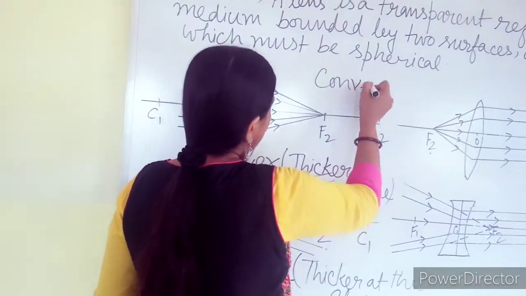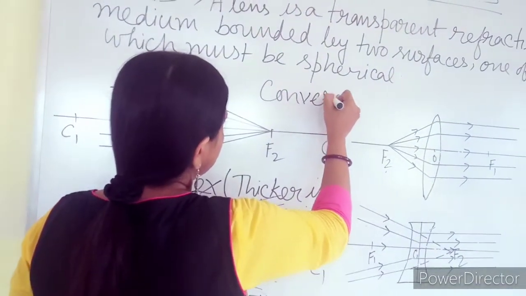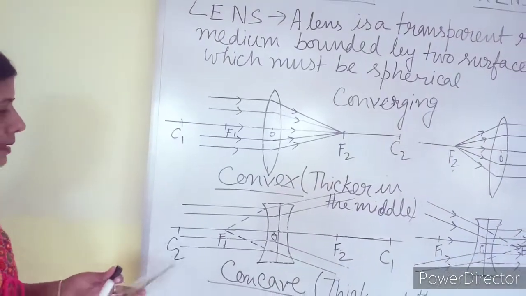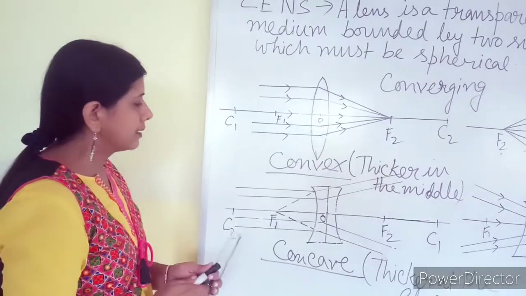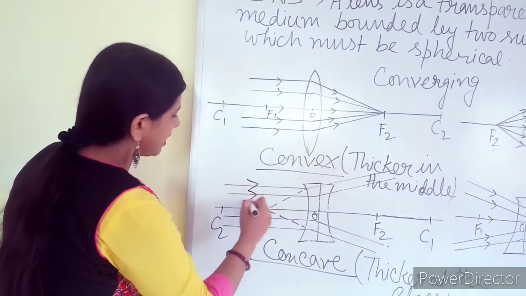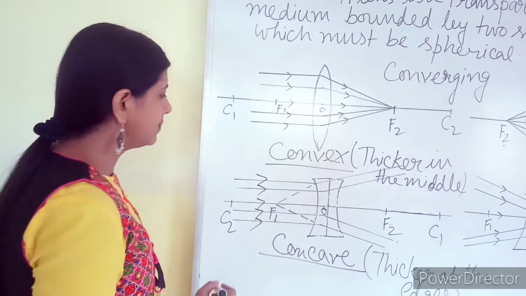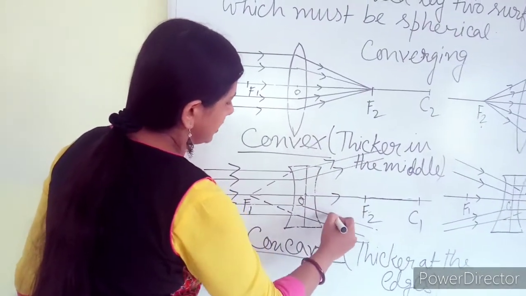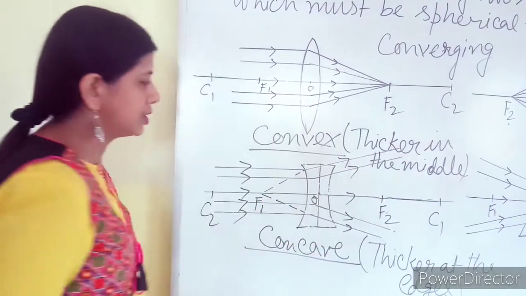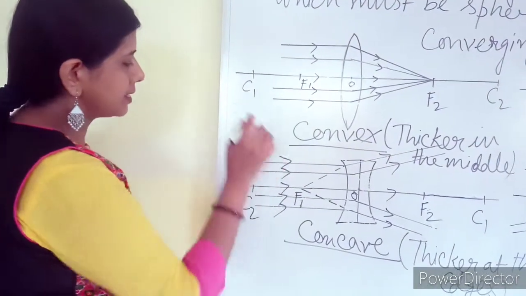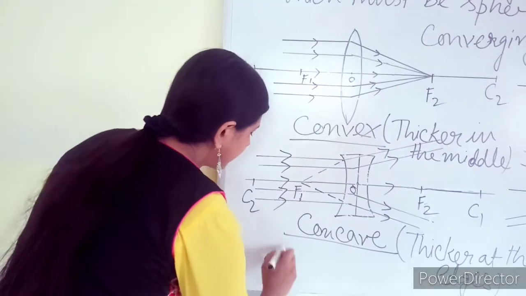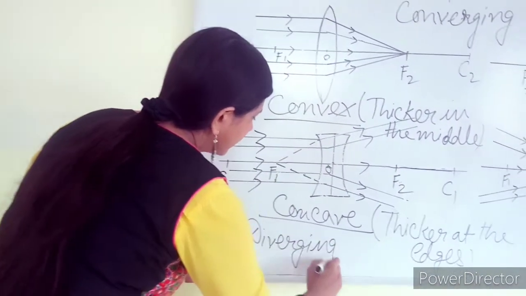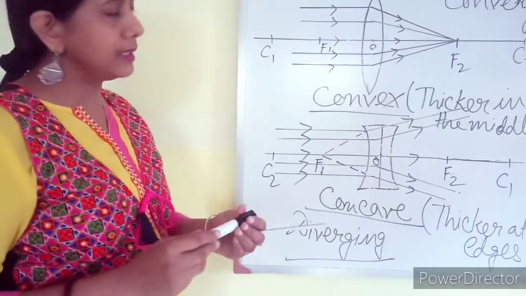In this lens you can see the rays of light which are coming parallel to each other. After refraction they are diverging. This is the characteristic of a concave lens. I can write it as diverging lens.